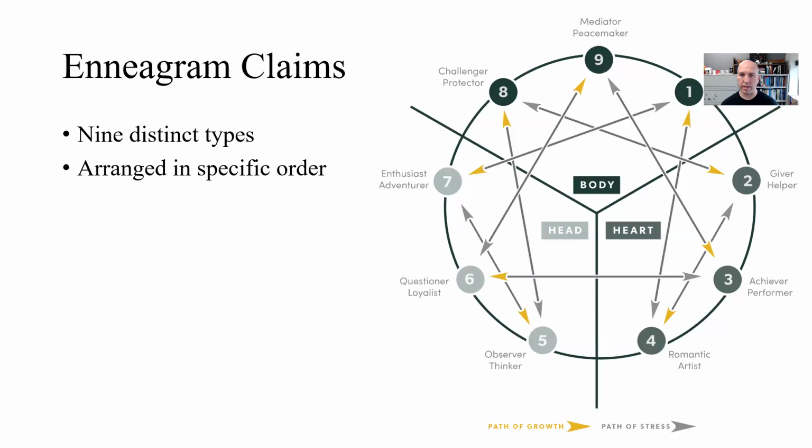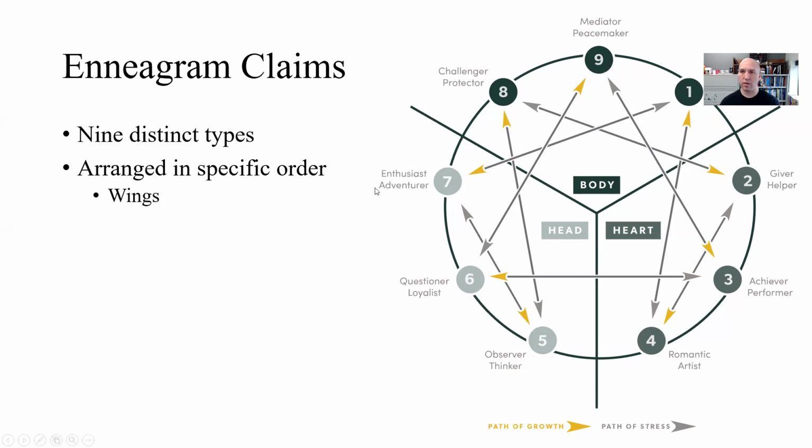How I did that is looking at the Enneagram figure over here, we can see that they're arranged in a specific order. Because of that, we should see certain relationships between certain types. If we look at type 9, we see type 9 is in the same triangle or triad as type 1s and 8s, and also can have type 1 and 8 as a wing.